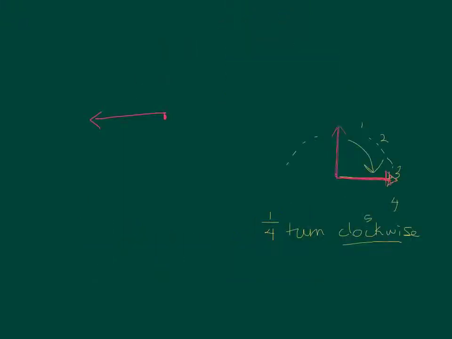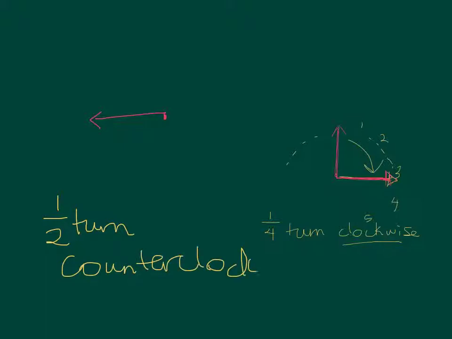Let's say that they give you this line with the vertex here and the line for the arrow here. And it asks you to turn half, so a half turn counterclockwise. Sorry, that's not very nice writing. Counterclockwise.